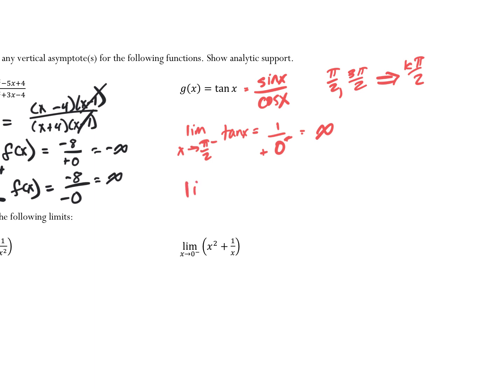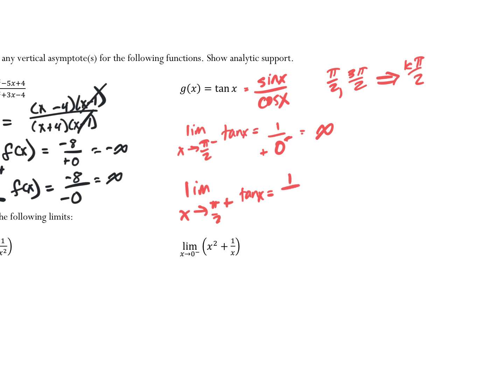But as I approach pi over 2 from the right, I'm in the second quadrant. What can we say about the values of sine in that second quadrant? Still approaching 1.